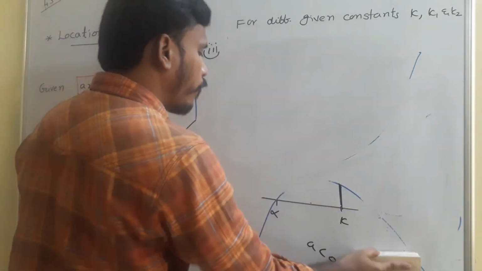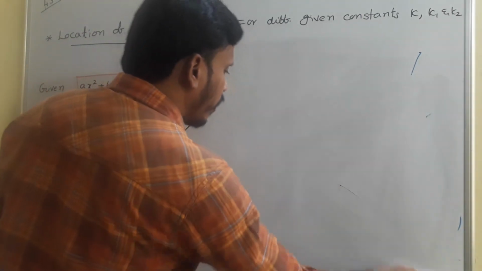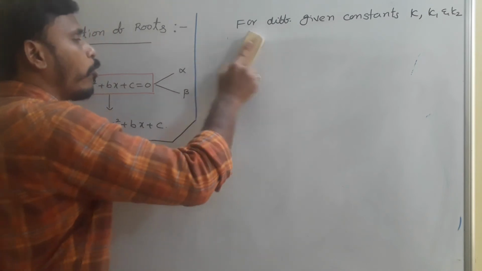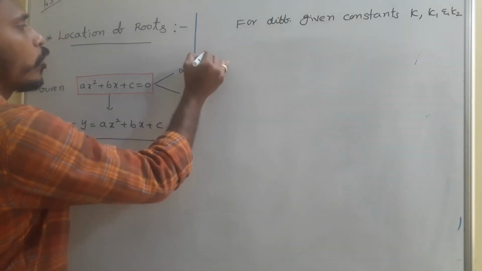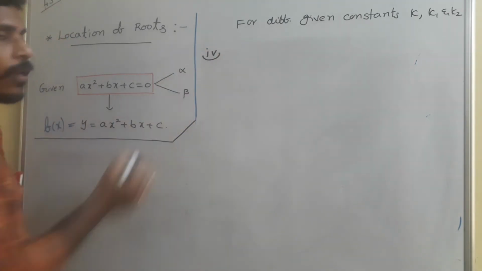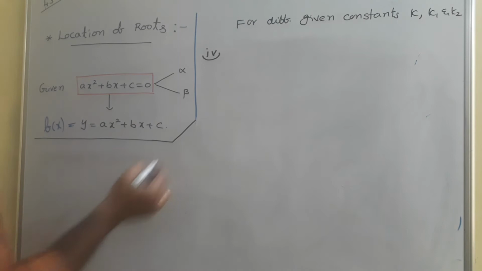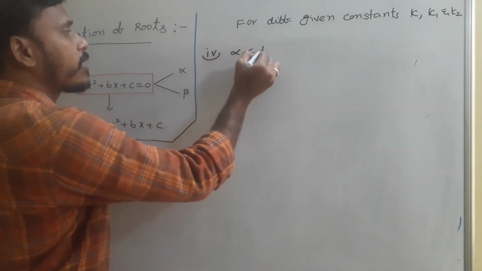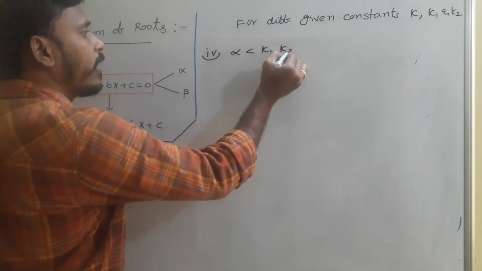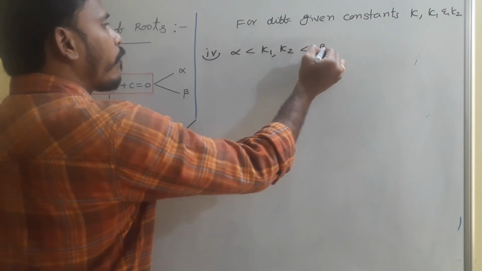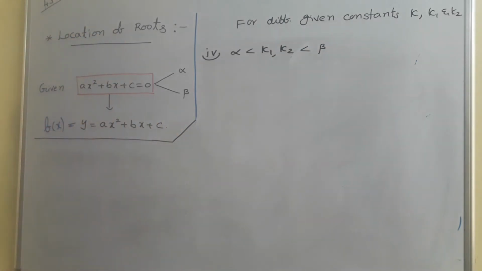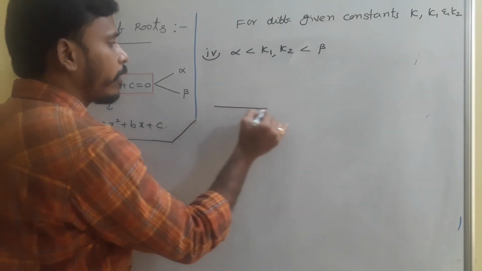Then coming to the fourth case. In each and every case, we need to analyze the graphs in two possible ways, once upward, once downward, and we need to finalize the conditions by observing those two graphs. Okay, fourth one. As I mentioned, the fourth case is nothing but alpha less than k1 less than k2 less than beta. In between alpha and beta, there are two numbers k1 and k2. You just look there.